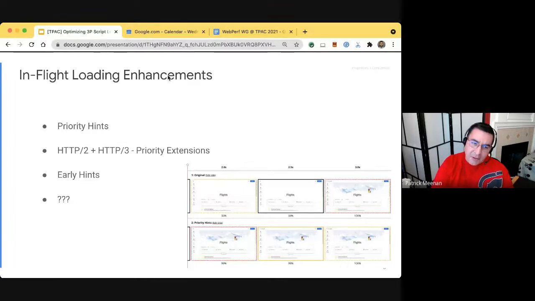At a protocol level, HTTP2 was the first one where we had priority support of some kind. It wasn't greatly supported or implemented. Hopefully that's changing with HTTP3, although the priority support is an extension. It's not part of the core protocol. And protocol level prioritization doesn't work across origins, so it doesn't really help a whole lot with third parties.